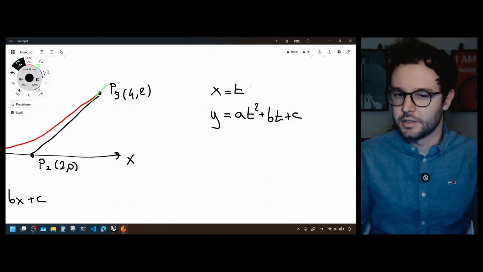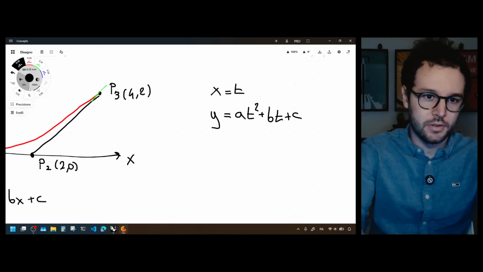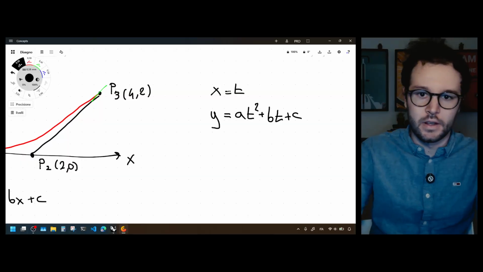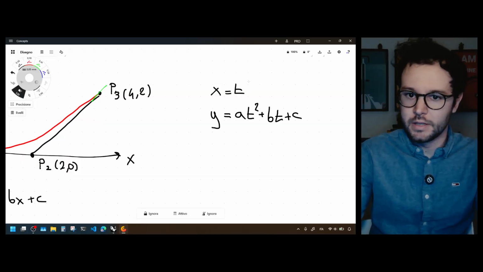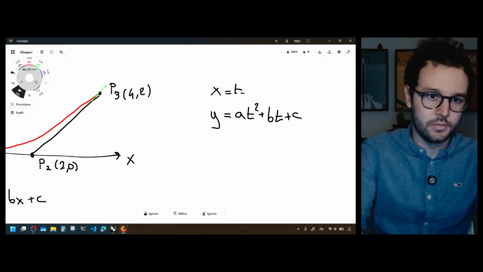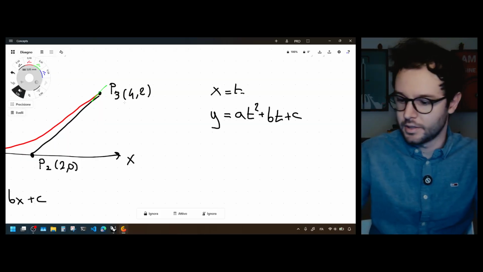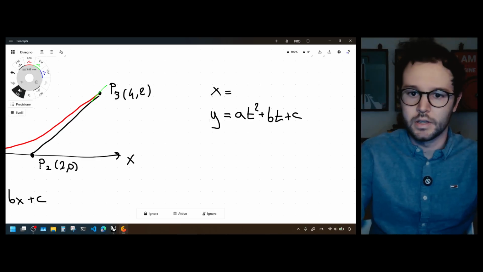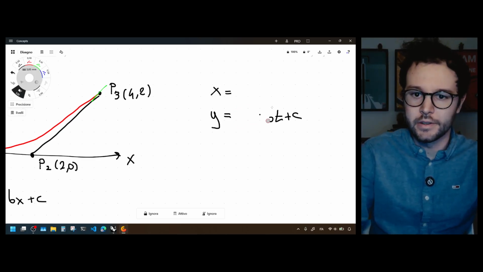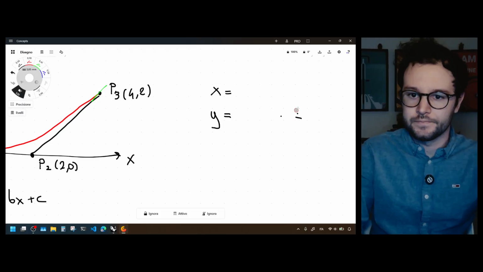We could find an even better formulation. Instead of t, let's use a different one. Let's say we use 4t.